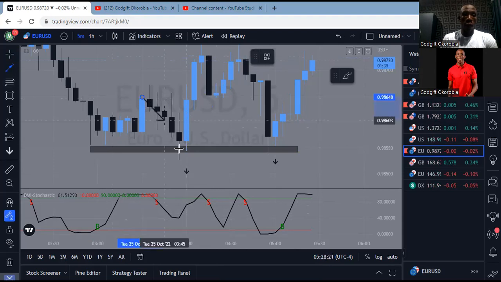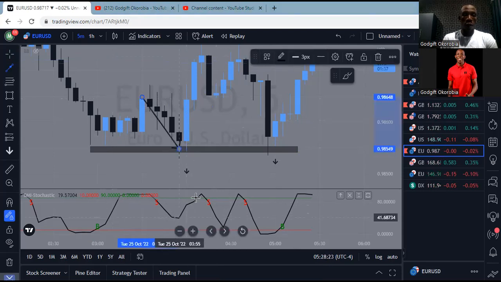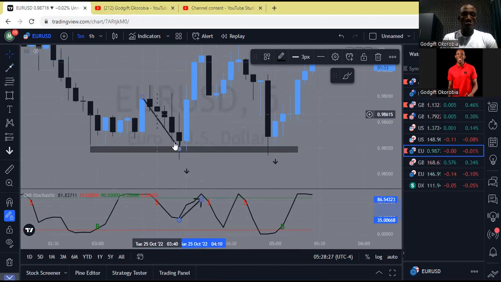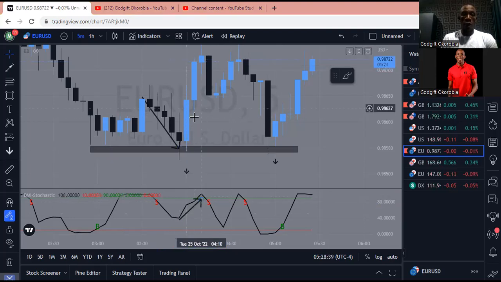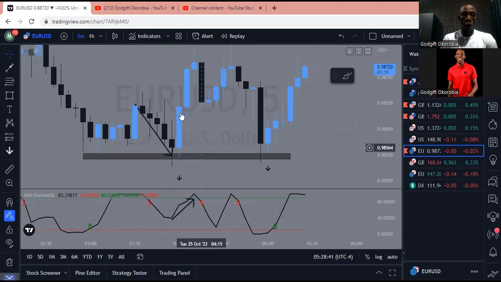You see price here, we had a little bit of divergence, indicator going up, price coming down, taps into that zone, rejects, with indicator showing that upward push, price already rejecting. That was our clue to take that trade to the upside, and that would have cleared very neatly, no problems.